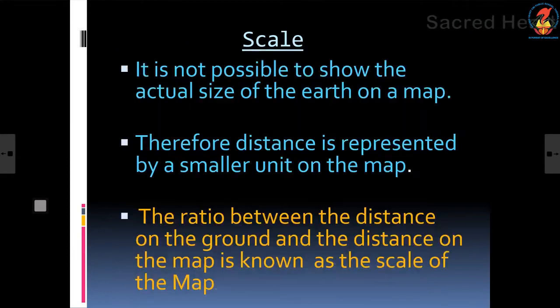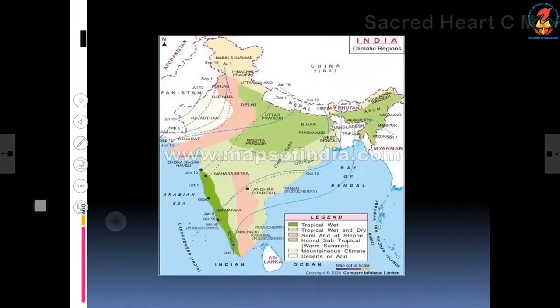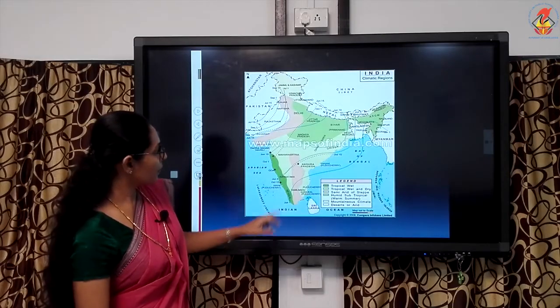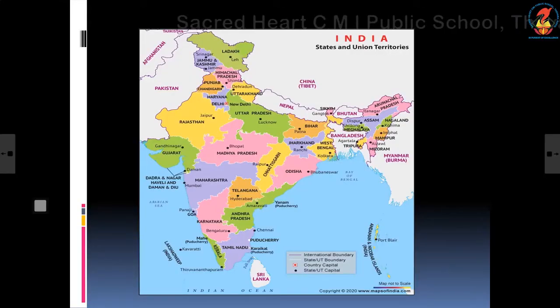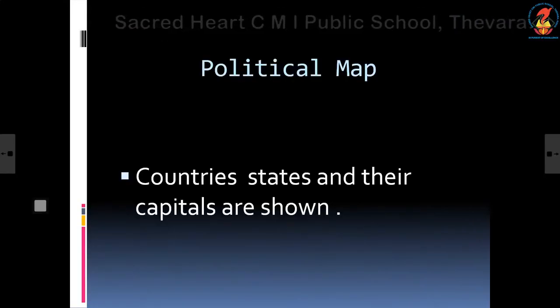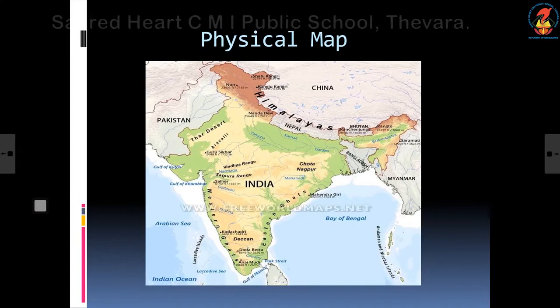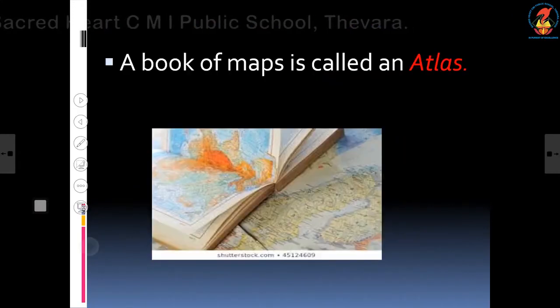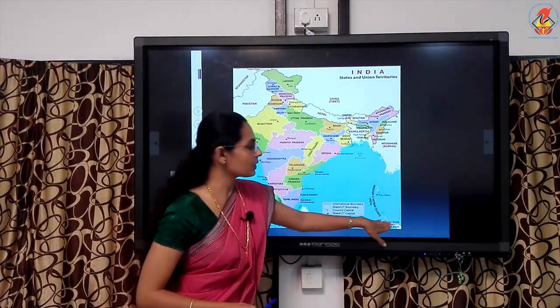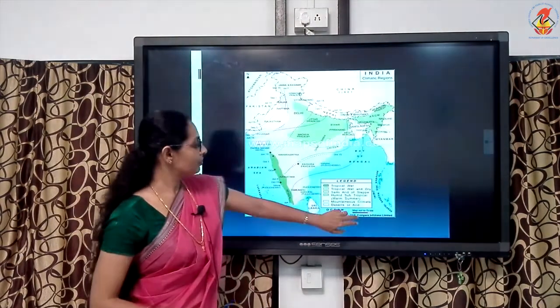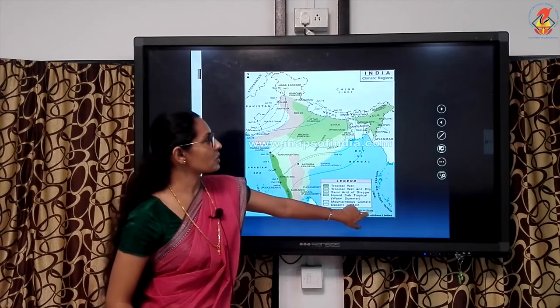You have already seen it. We have a map here, and the scale of the map is also there. Every map has a particular scale. Look here, the scale is mentioned. Here also the scale is mentioned.